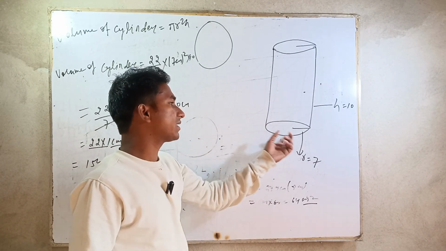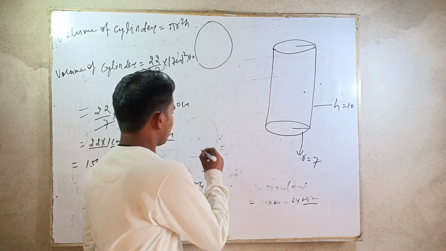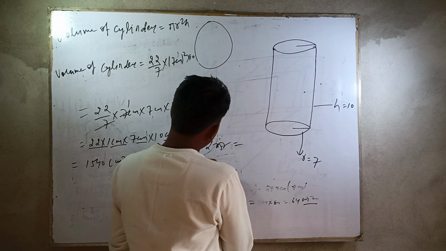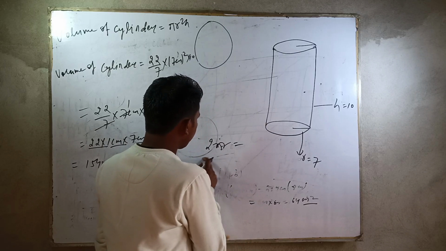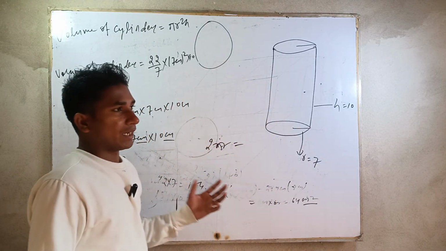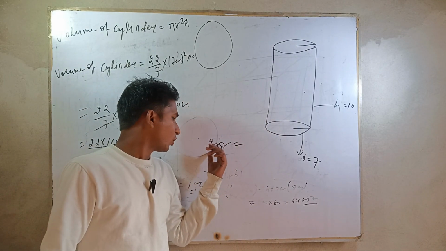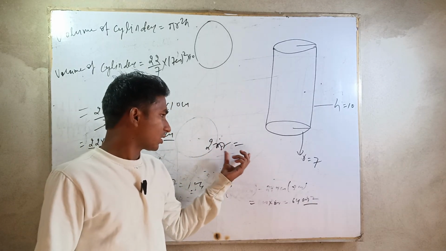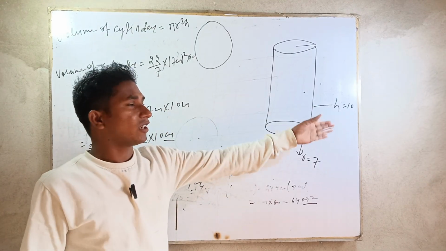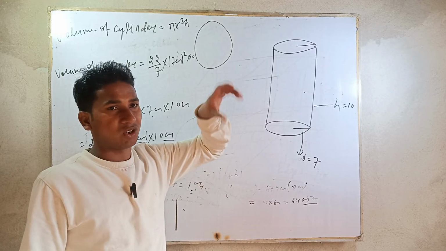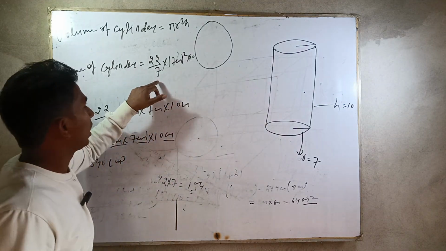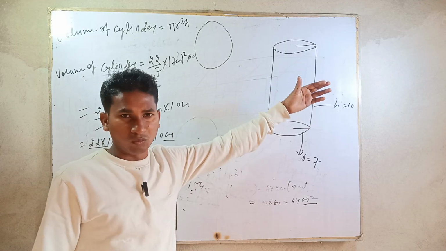If I know the circumference, then by 2 pi r equal to the circumference, such as 30 centimeter, 60 centimeter, or 100 centimeter, I can put in the value and find its radius. If the radius is given and I measure its height, then by this formula I can find its volume.